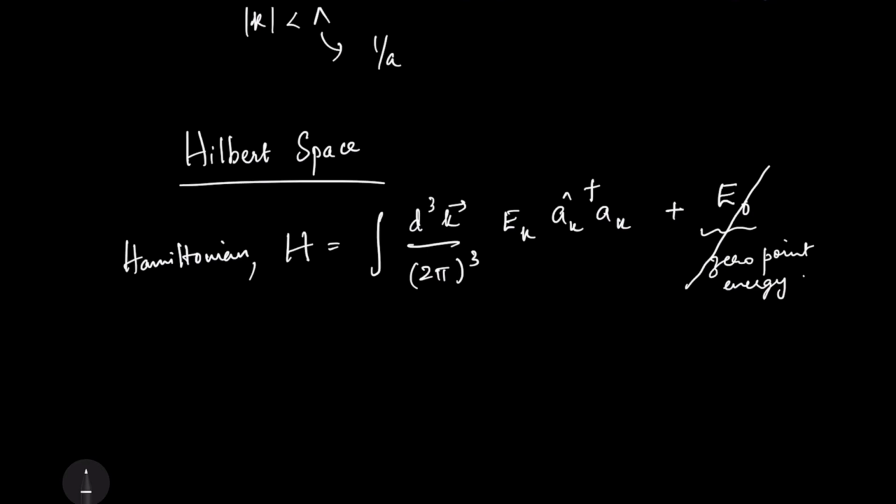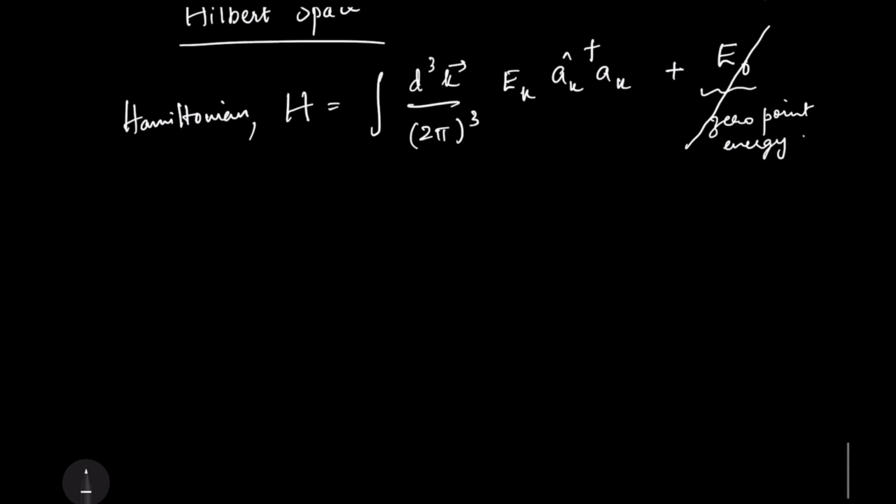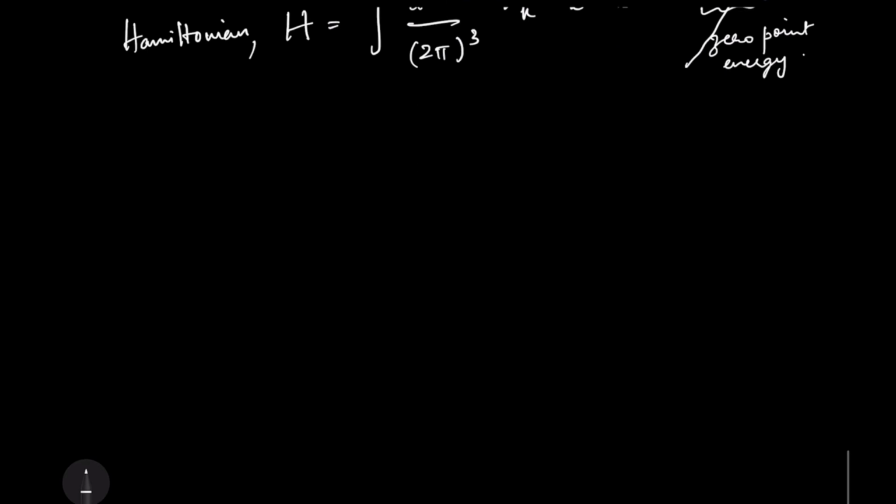So the lowest energy state is called the ground state or the vacuum state, right? Which is defined as ket 0.